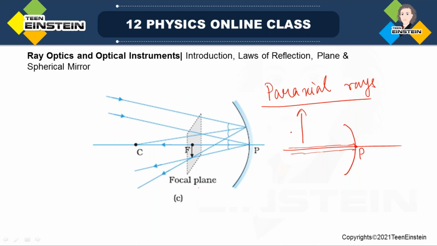The parallel rays which are incident very near to the pole of the mirror are called paraxial rays. That means you can say parallel rays which are very near to the principal axis. Those are called paraxial rays, and we will be taking the approximation of paraxial rays.